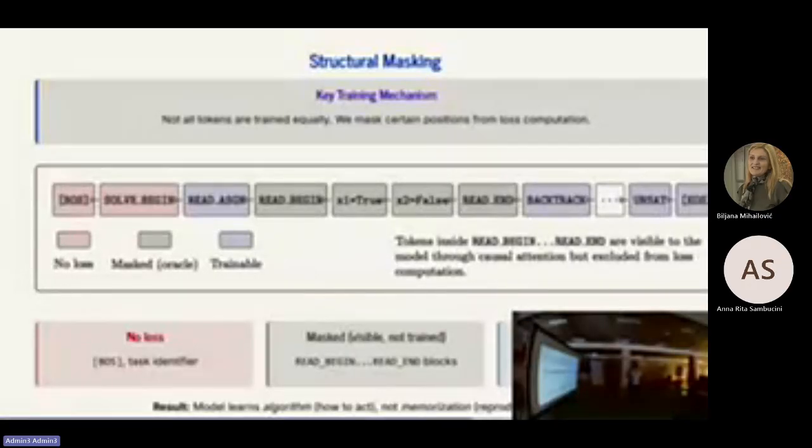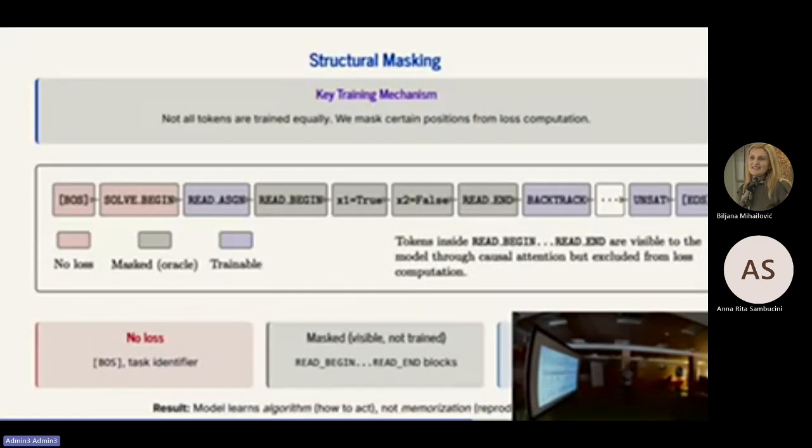So we don't want to compute the loss for tokens like this or this. We would like to compute the loss for backtrack, unset, and so on. And we would also like to mask the special derived tokens, like read, begin, and so on.